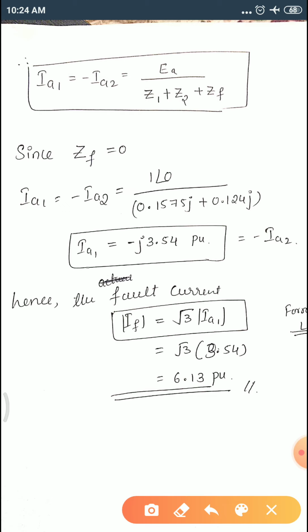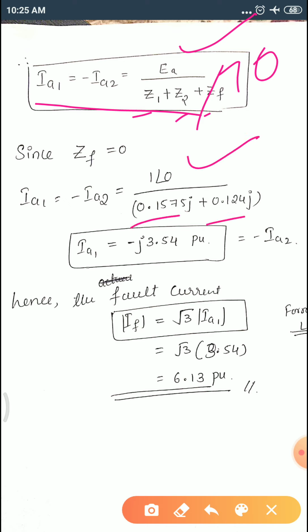Let's see how to calculate IA1. IA1 formula we have is nothing but minus IA2, since those two directions are opposite. So IA1 will be equal to EA over Z1 plus Z2 plus ZF. Okay, ZF also they have not mentioned, so it will be 0. So just take EA and substitute Z1 and Z2 values. Okay, so IA1 you get this much. Therefore it will be equal to minus IA2.